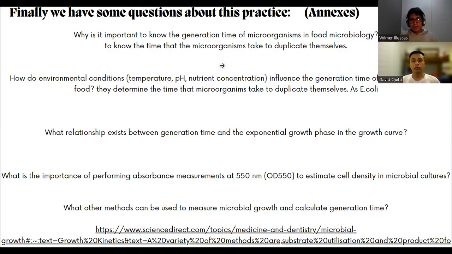Well, moving ahead to the second question, we have, how do environmental conditions such as temperature, pH, nutrient concentration influence the generation time of microorganisms in food? Well, I always say that every species or being on Earth has some specific characteristics or features to grow. For instance, humans have to be in a temperature between, I don't know, let's say 0 to 40 degrees.